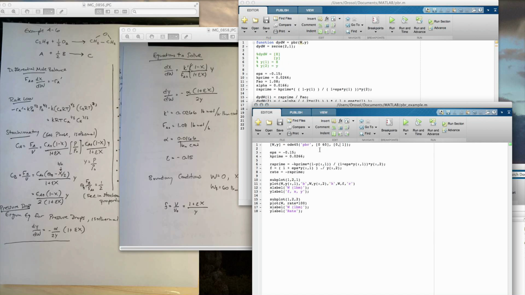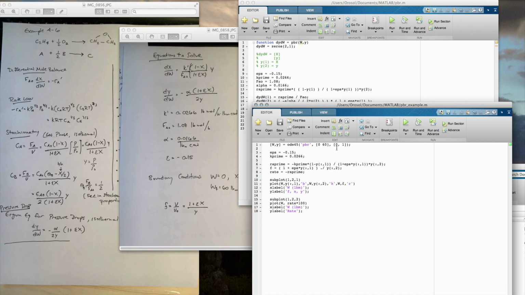And then this is your initial and final, or I guess your boundary conditions for W. We start out at W equals 0, and then for W final, we're going to guess 60. I already know it's 60 because that's what they came up with in the example in the book, but if you didn't know 60, you would just have to guess something and then see if you got your expected conversion, and if not, then you would change it.